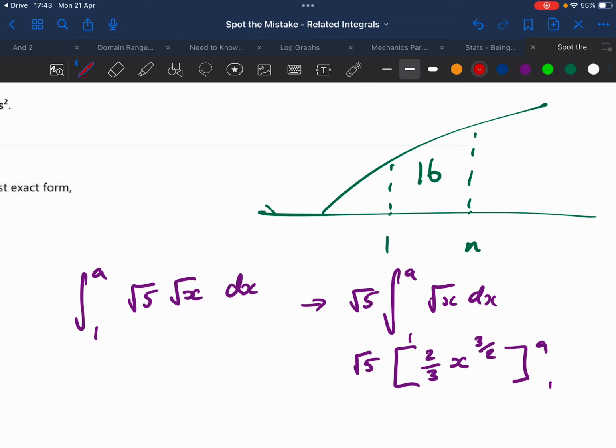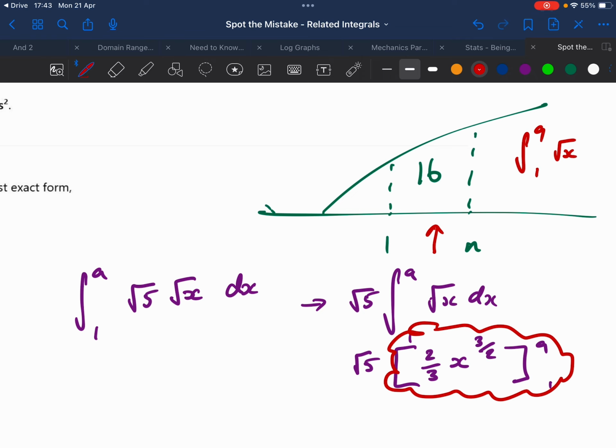Why would that be a mistake? Well, what I'm trying to do down here is just not the right way to go about it. If I go back to my diagram up here, it's telling me that the integral from a to 1 of root x is already 16.